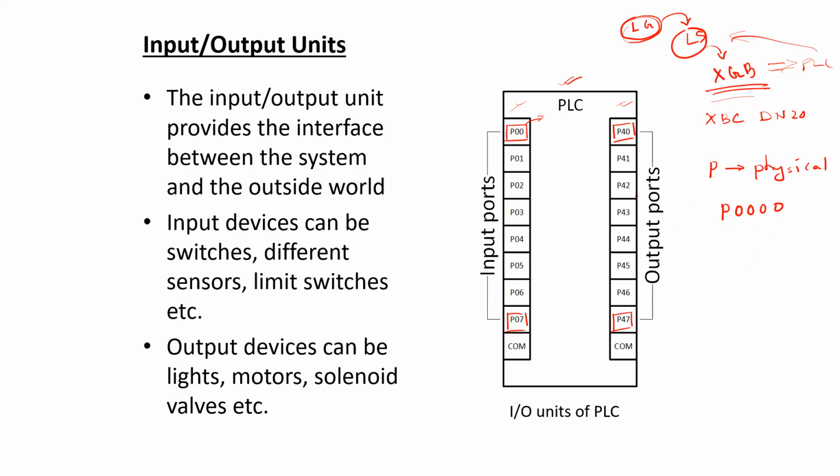They designate the address in hexadecimal, although it is written over here as P00, the actual address is P0000, up to P1023F. So from P0000 up to P1023, these memory locations are allocated for the input output devices.